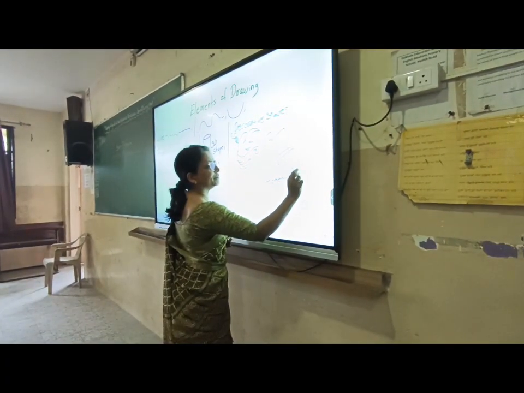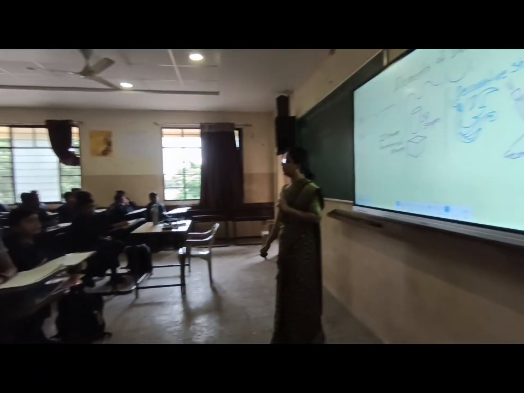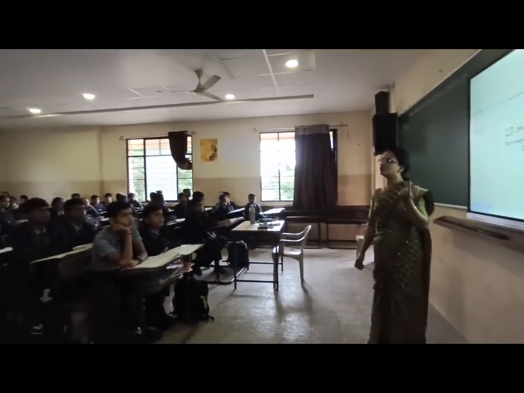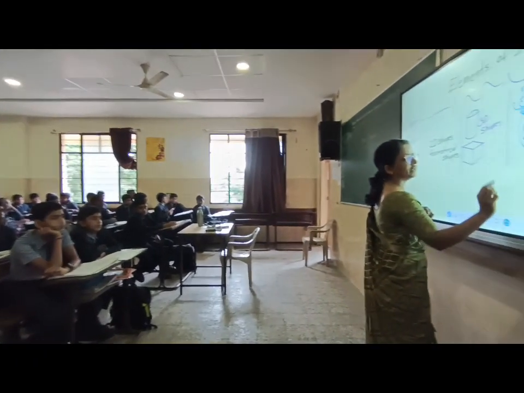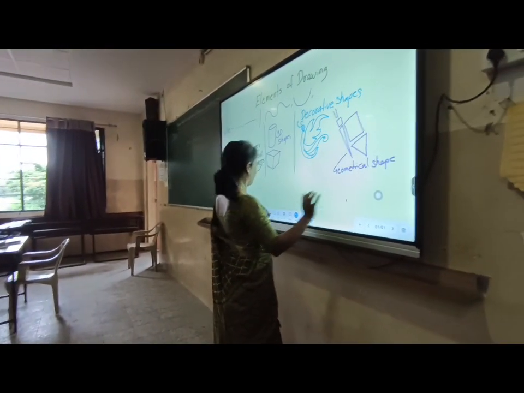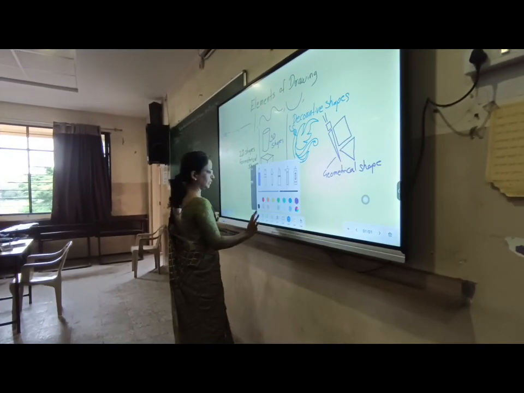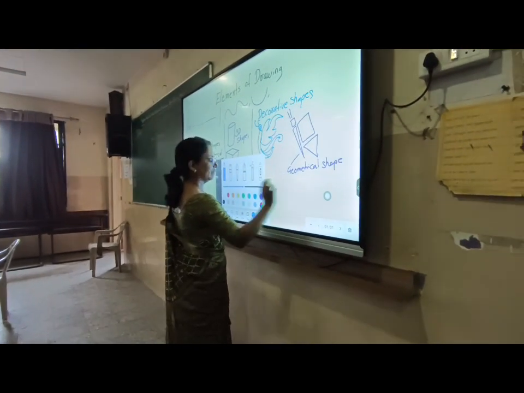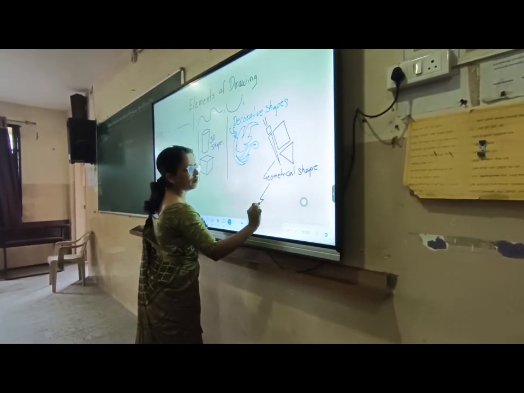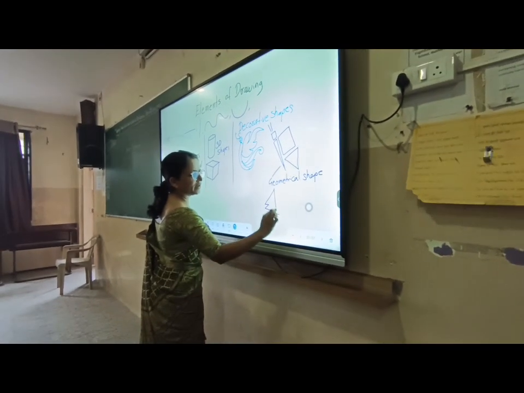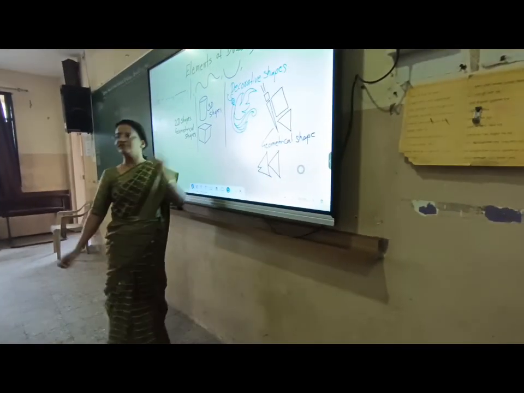Understood? Again I am going to explain a different shape. I will show you a fish. If you are going to draw a fish in a geometrical shape, a fish can be a simple form of geometrical shape. This is the fish.